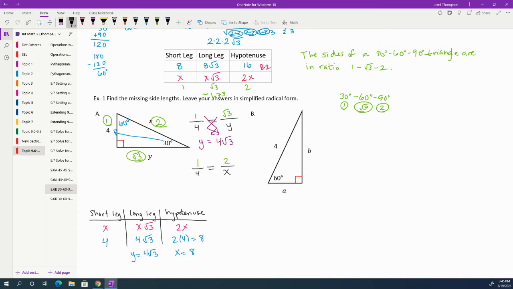Check it out, guys. If this short side is 4, and we know the hypotenuse is twice as long, I could tell you that that's 8, right? But let's say you can't come up with that in your mind in the moment of the test, so you set it up and you crisscross multiply, and you'll get it right here anyways. Okay.